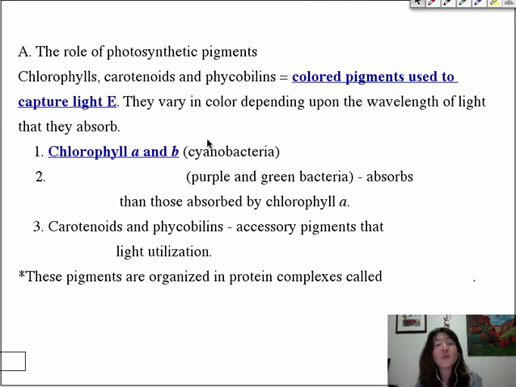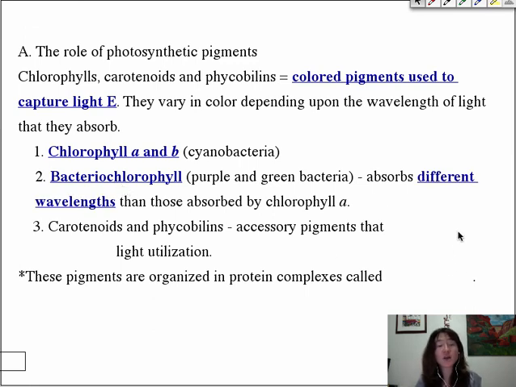They were green. Whereas when we think of the purple and green bacteria, we recognize them as not having any chlorophyll A and B, but instead having an alternative primary pigment called bacterial chlorophyll. Bacterial chlorophyll absorbs in the IR region, 900 to around 1,000 and something. So they absorb at a slightly different wavelength.